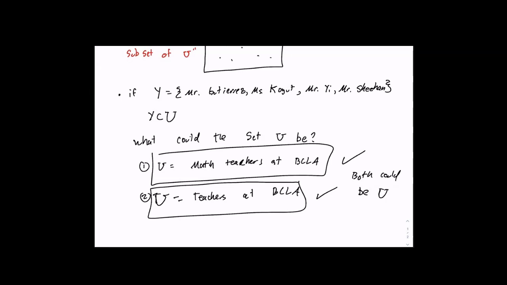Now, if I listed out all the math teachers at BCLA, the four teachers I listed would be amongst those math teachers. If I listed all of the teachers at BCLA, Mr. Gutierrez, Ms. Kogut, Mr. Yi, Mr. Xian would also be elements of all teachers at BCLA.